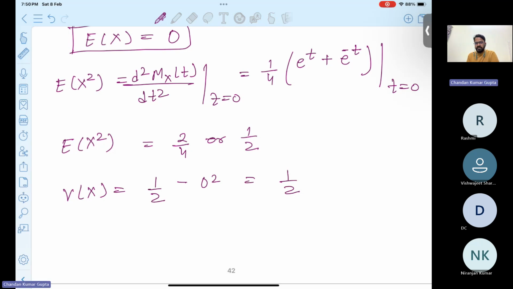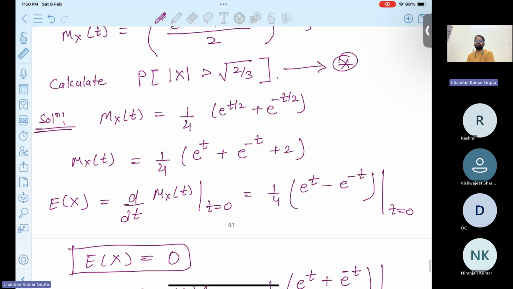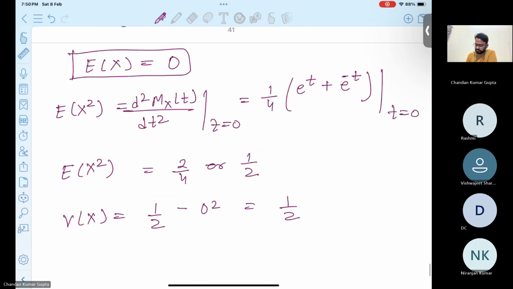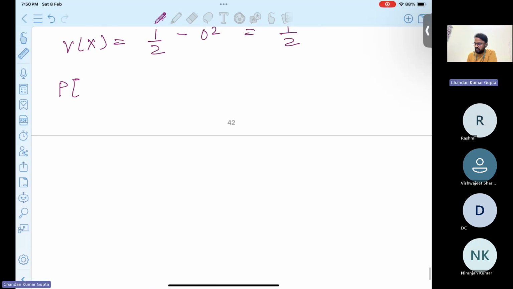Now we have the mean and we have the variance. So with the help of the mean and the variance and using Chebyshev's inequality, we are able to calculate the probability mentioned in star. So the probability that mod x minus mu is greater than 2 by 3 is less than or equal to the variance of x upon 2 by 3.